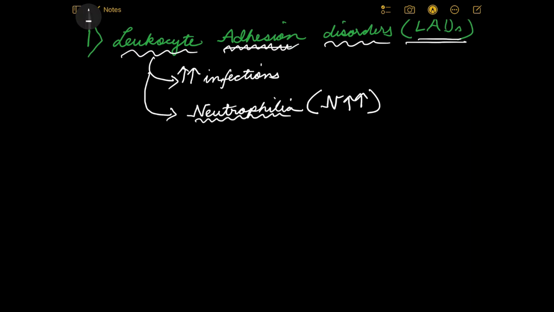So even when there are increased infections, even when the body responds by increasing the production of neutrophils, there isn't much change in the body's infection response, because those increased numbers of neutrophils are not able to reach the source of infection. They are trapped within the blood, which means neutrophilia: high numbers of neutrophils in the blood.